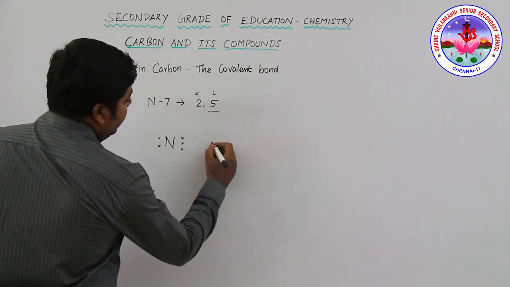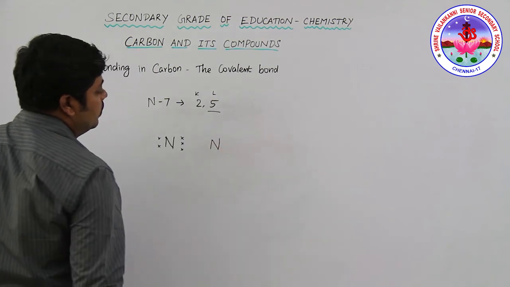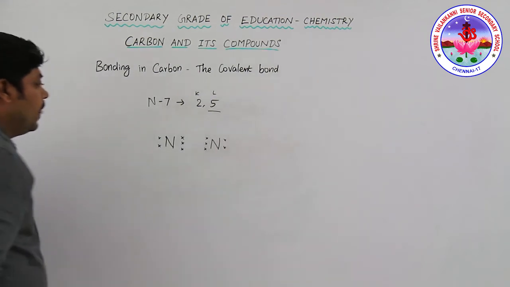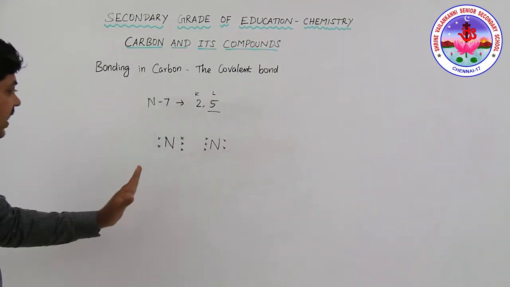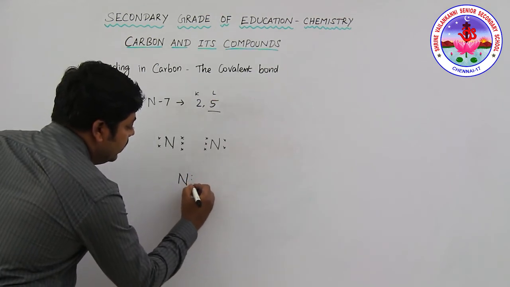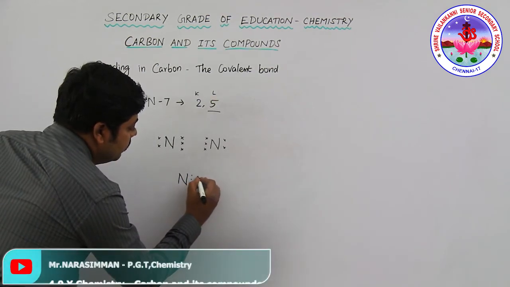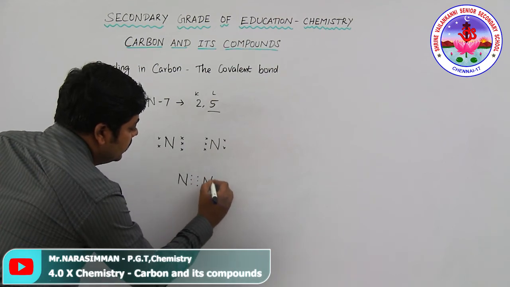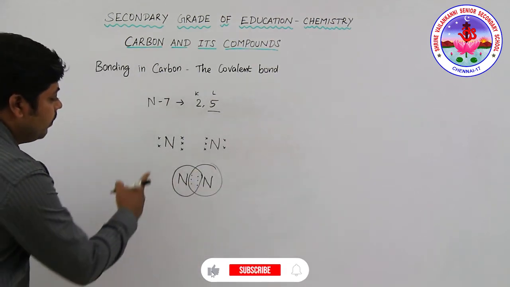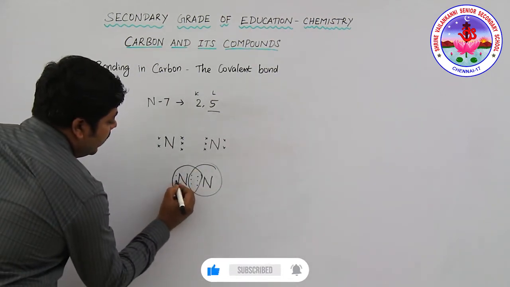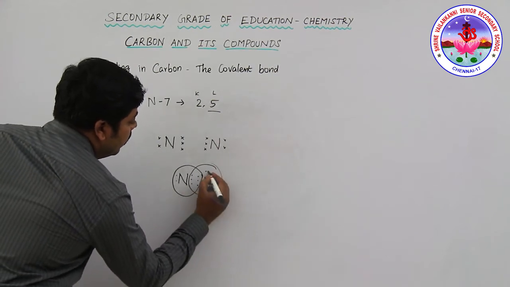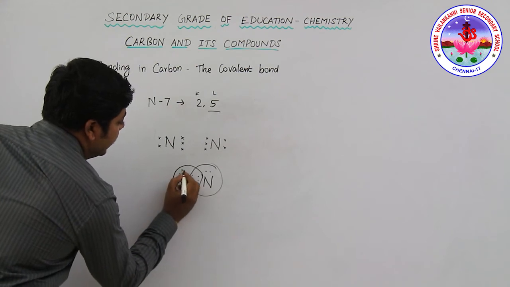So one more nitrogen atom I am writing here. Here also they have 5 valence electrons. Now the combining capacity of this nitrogen atom: I am writing dots like this, overlapping like this. The remaining is called the lone pair of electrons, which we can write in the upper part of the nitrogen atom.